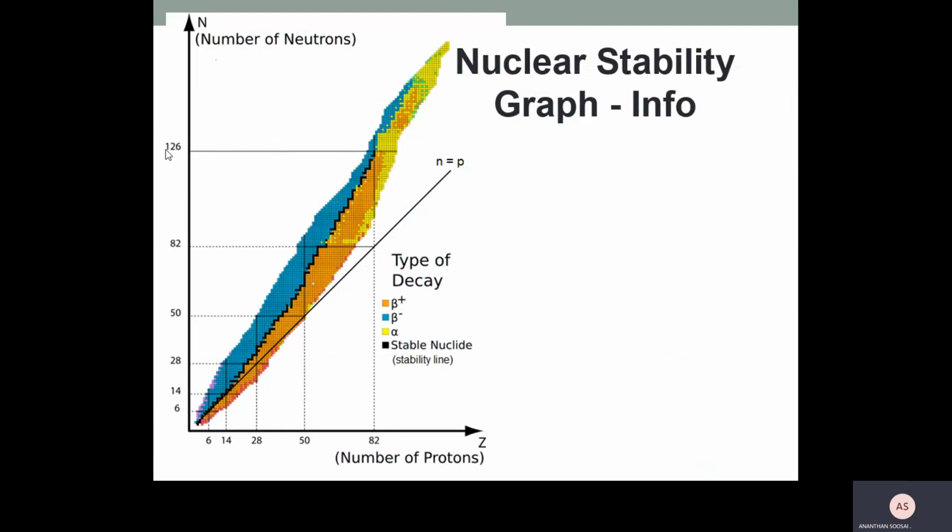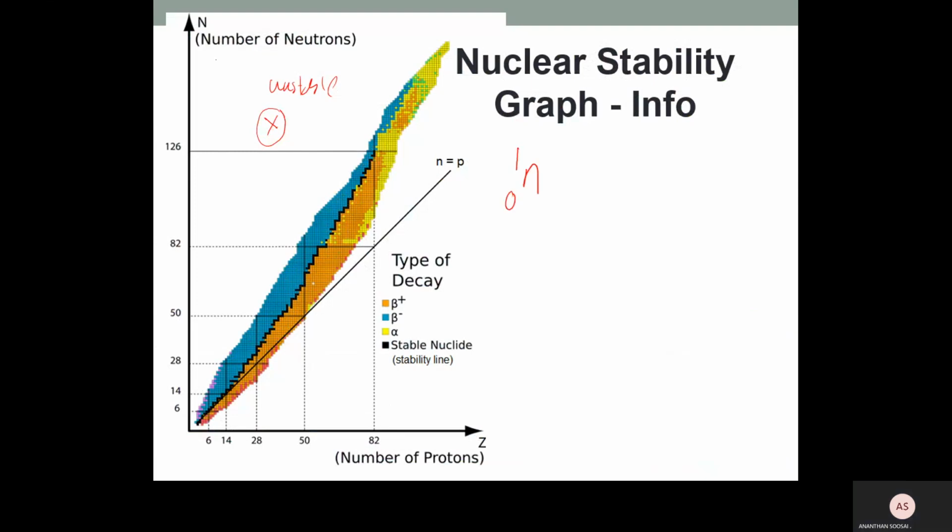Okay, now if you have an element in this region, that means it is definitely unstable. It's unstable because it has excessive neutrons or excessive protons. Here it has excessive neutrons.